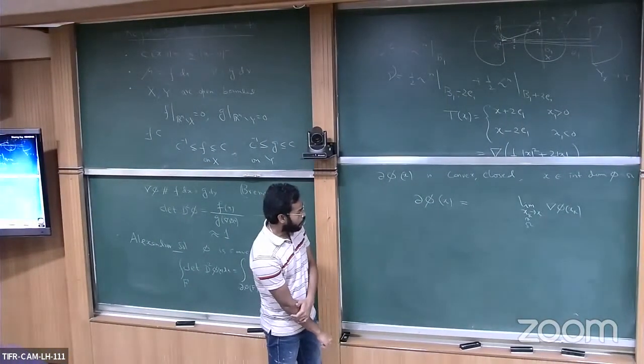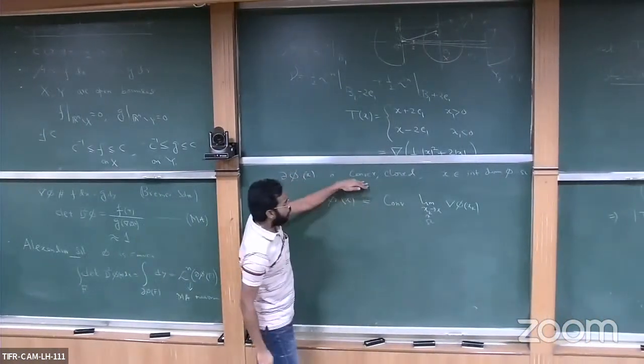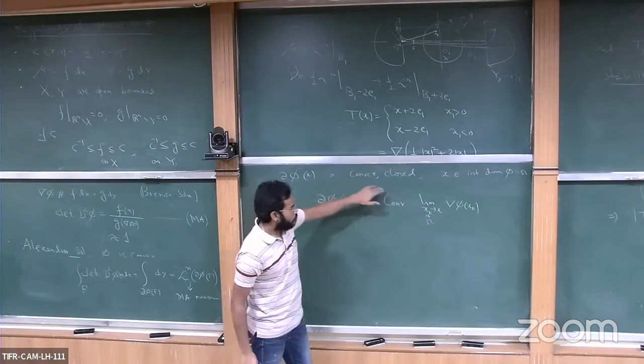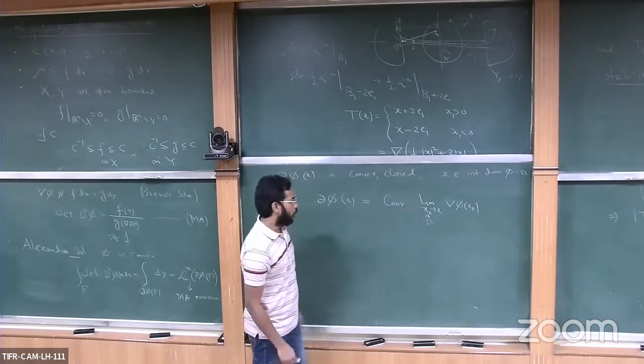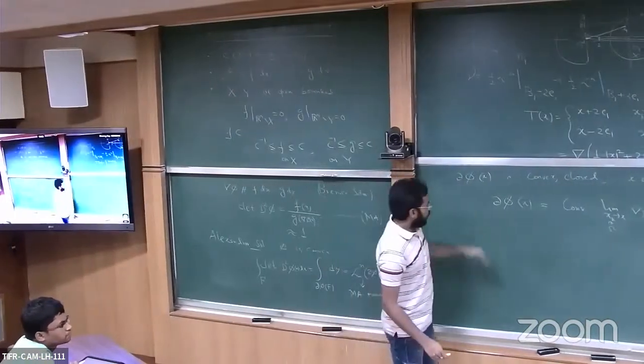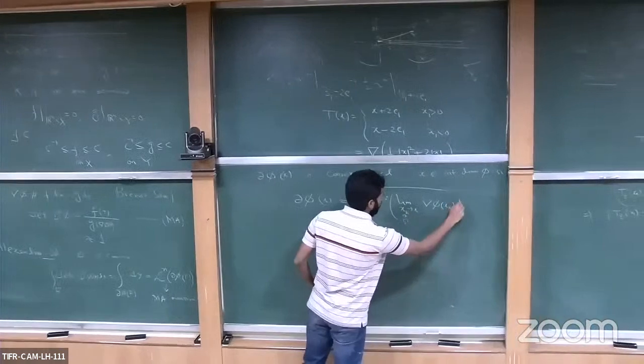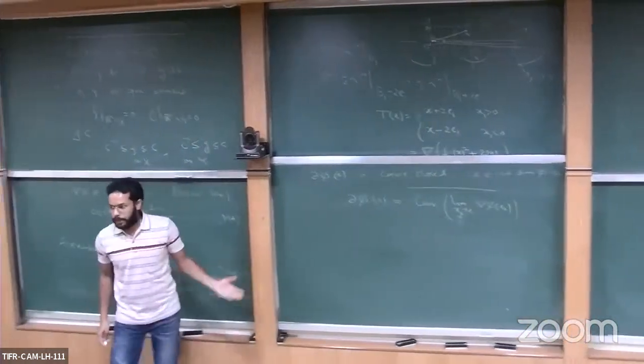Now, since this is convex, the convex hull of all such limits also belongs to the subdifferential, and the subdifferential is a closed set. So you have to take the closure. Okay. So this is basically it.